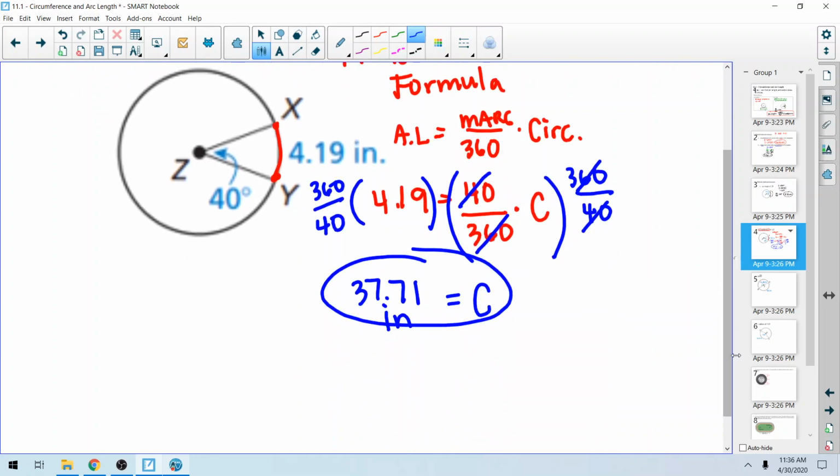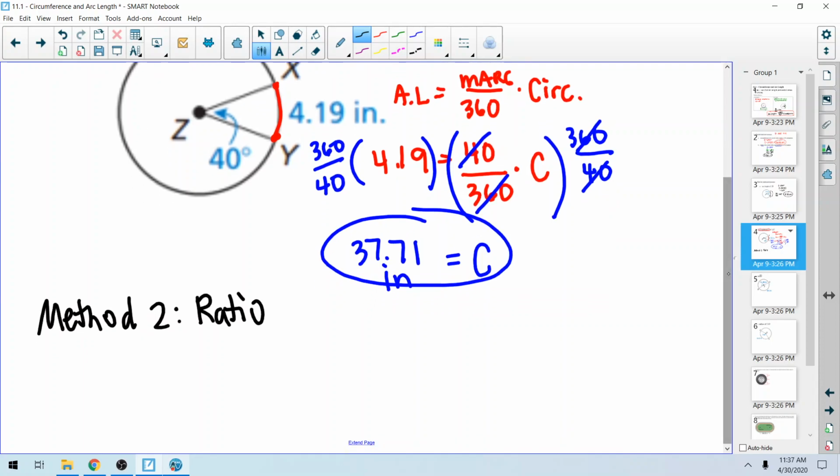Now, method two. And this is using a ratio. Now, the ratio we're talking about here is we're saying, okay, I know that 40 degrees corresponds with 4.19 inches. And I know that that 40 degrees is out of the whole circle, which is 360.